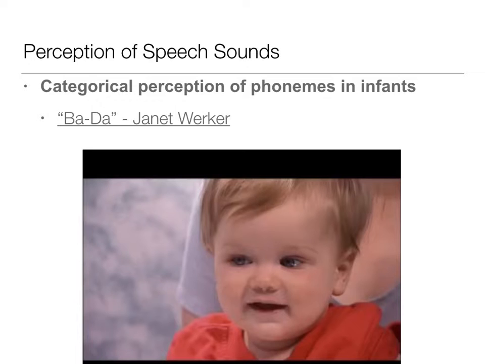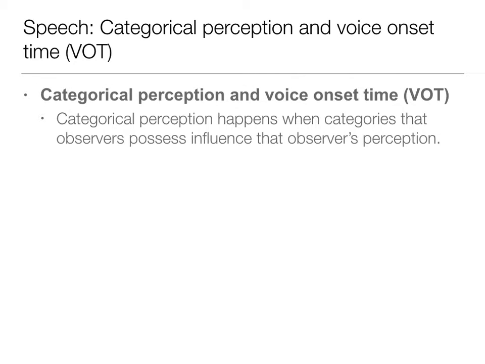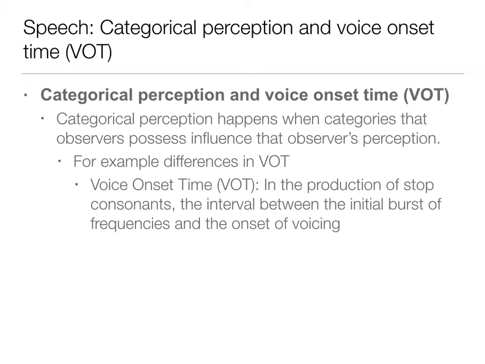One of the ways that we make this categorical distinction between phonemes is voice onset time. Voice onset time is the production of the stop consonants and the interval between when we start talking and when we finish saying that consonant.